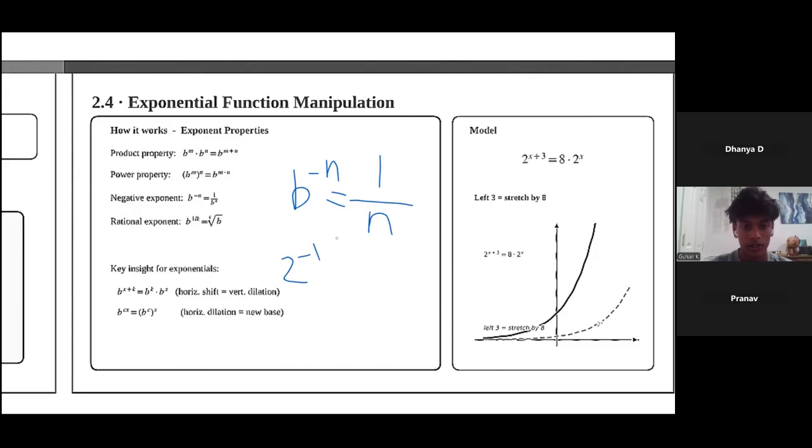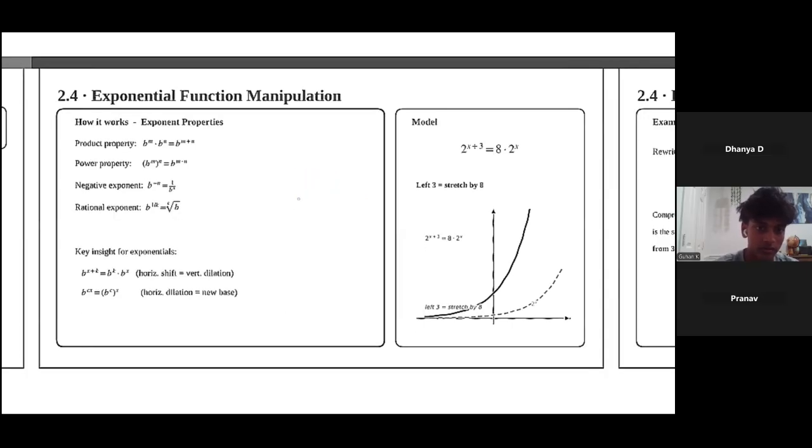So 2 to the power of negative 1 equals 1/2. And we can generalize this with the exponents. So b to the power of negative n is just going to be 1 over b to the n. And again, let's test this out. So let's say 2 to the power of negative 3. Then this equals 1 over 2 to the power of 3, which is 8. I mean, the bottom is 8, so it's 1 over 8.